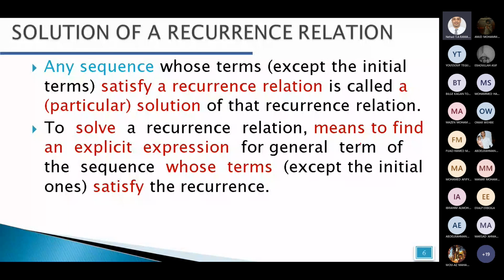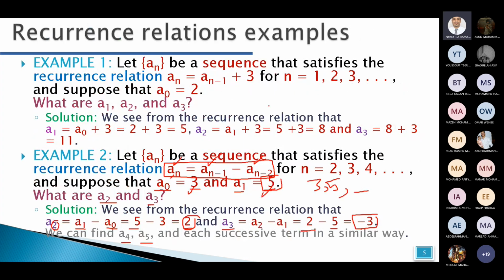Okay, so the solution of a recurrence relation. How to get a solution, or what is the solution, and how to get a solution for a recurrence relation. We can use this solution to get any term easily, because as you can see from the recurrence relation itself, we can get the terms but only in sequence.